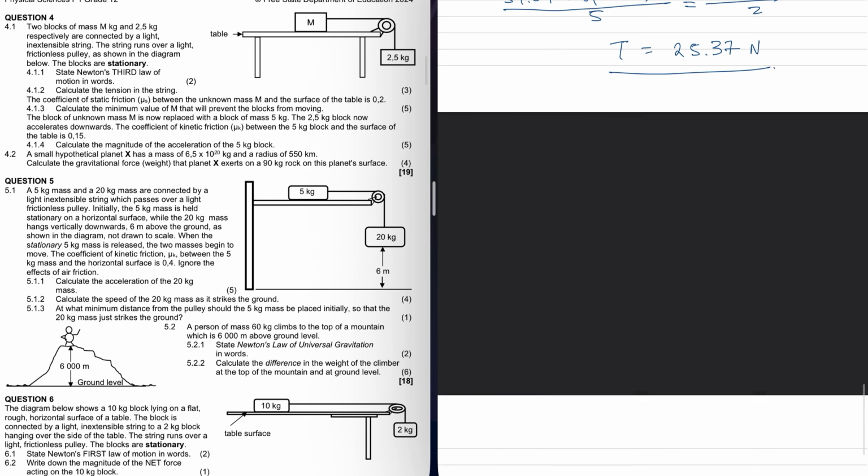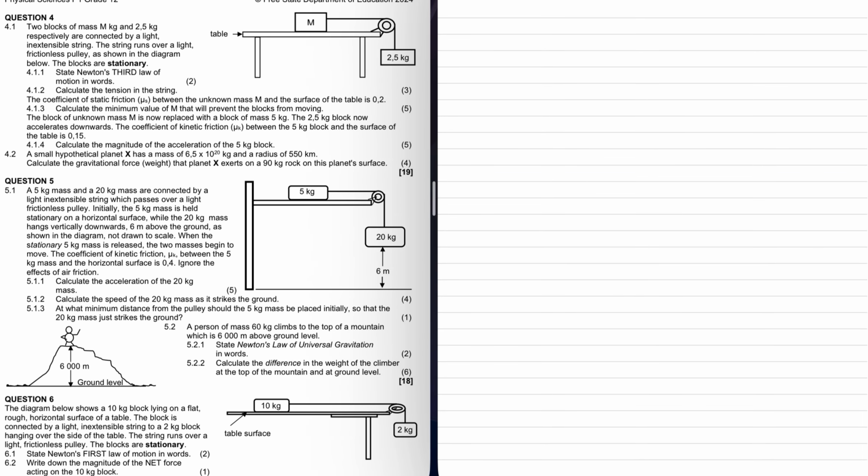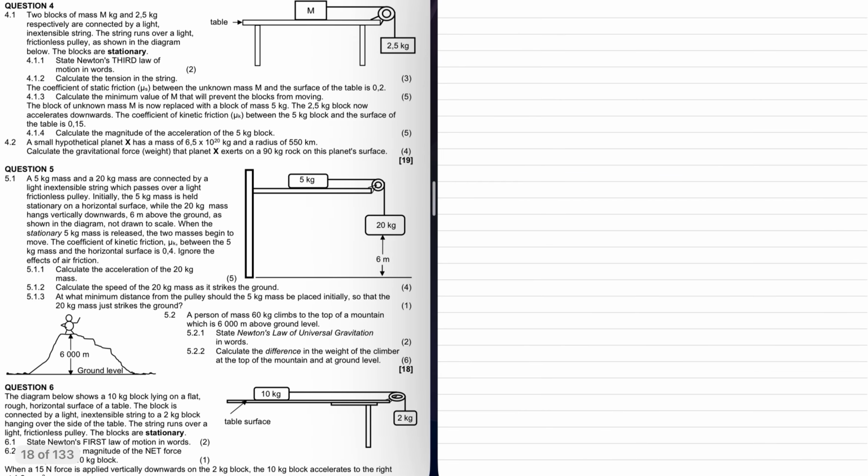Now let's take a look at question 4. We've been given the scenario. I urge you to please pause the video now, read through it, attempt it, and let's go to the answers. So question 4.1.2, calculate the tension in the string. So they tell us that it's stationary. So if I draw a free body diagram for the 2.5 kilogram block, you have the weight, you have the tension.